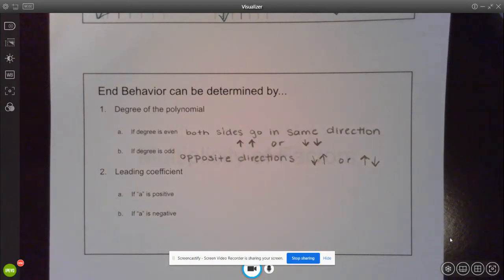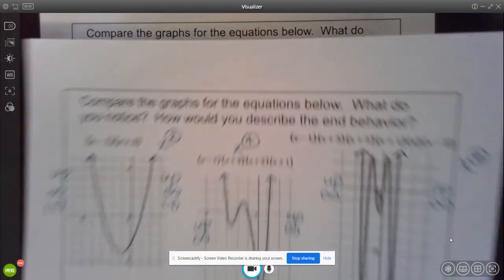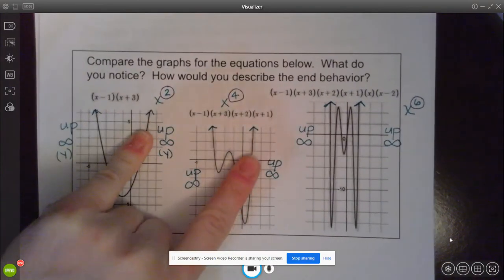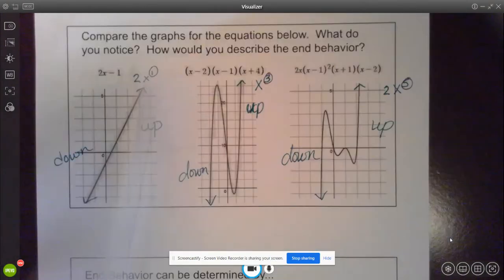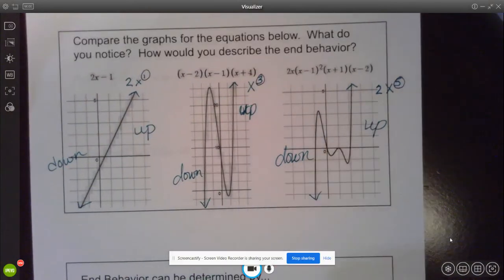So if my leading coefficient is positive, regardless of whether it was odd or even, the right side is going up.